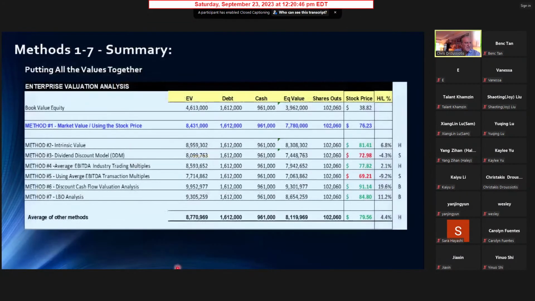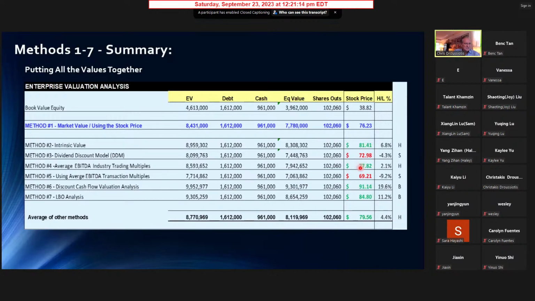So I put everything together. The stock is trading at 76. You use all the methods. Anything green is higher. So intrinsic value, which is the target, looks like a hold, because remember, you want to get about 10% higher. So that would be a buy recommendation, maybe a hold to buy. This is a sell recommendation because method 3 said the stock should be 72, but it's 76.